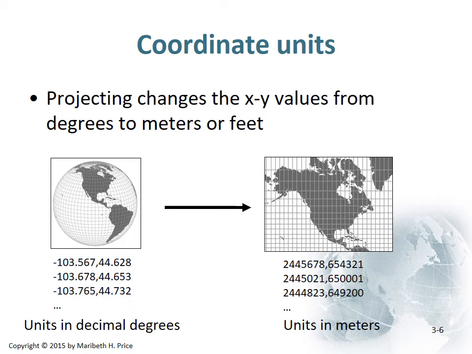Okay. The projections that you will be commonly using in the exercises in the textbook for the class will be in either state plane coordinate systems, usually in feet, sometimes in meters, or in universal transverse Mercator type systems, which are done in meters. But either way, one of the properties that you need to be aware of, whatever map projection, or geographic coordinate system that you're using, is what are the units, how is it keeping track of linear distances on the Earth's surface?